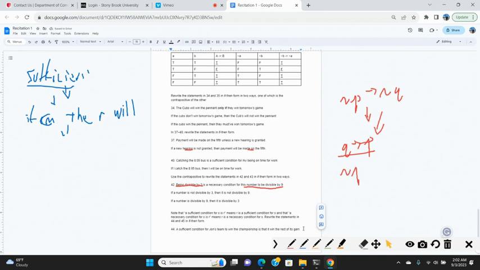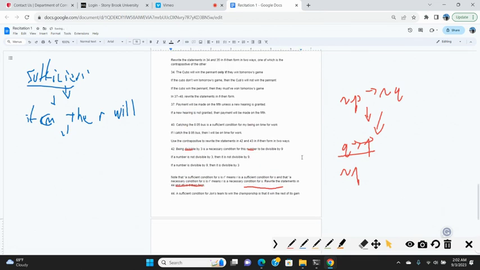And finally, we have another way of wording something, which is that a necessary condition for S is R means that R is necessary condition for S. So, a sufficient condition for John's team to win the championship: winning the championship is the result here, and that it wins the rest of its games is the condition.